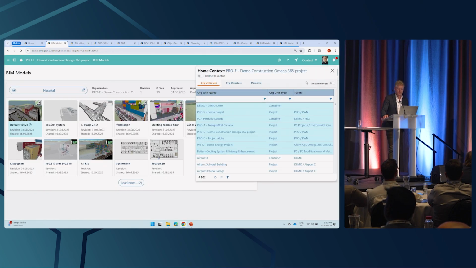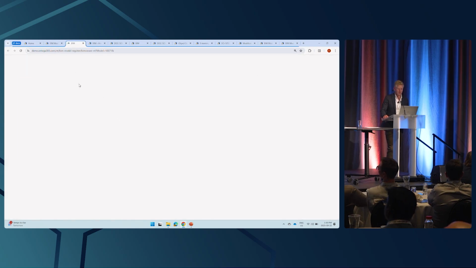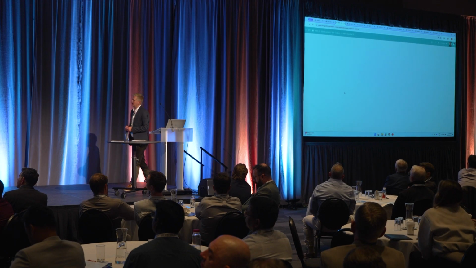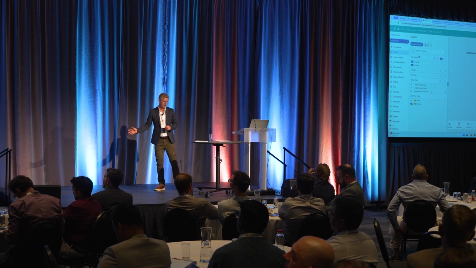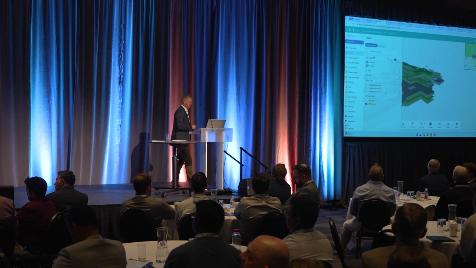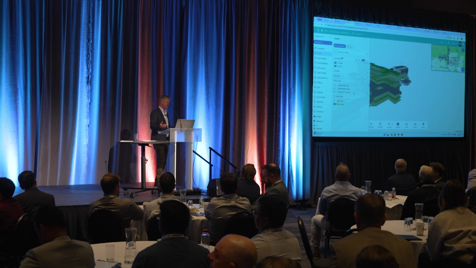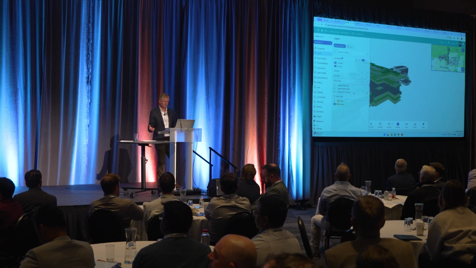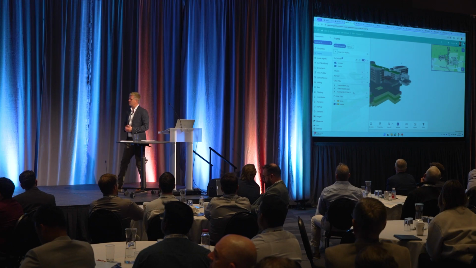I'm going to switch to a different one, ProOS. And we're going to look at LAS, point clouds, laser scans. A lot of my clients, well, we buy an asset, and it was made 30 years ago, and there's no model for it, right? So maybe we have a new expansion on it.